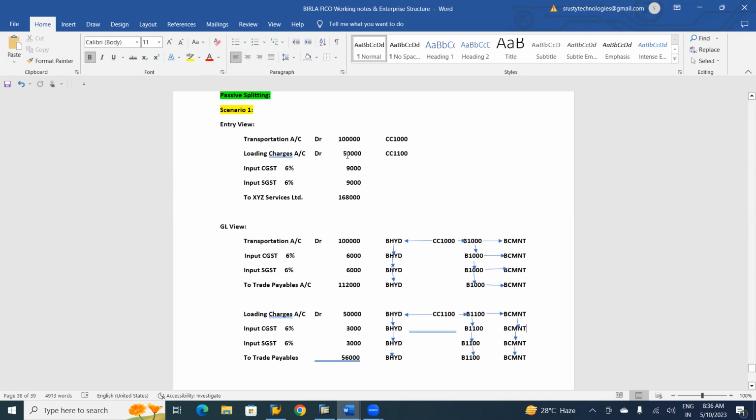We have entered the debit lines and credit lines, and we have entered the debit line cost centers, so the splitting is happening on the base of this. So it's nothing but active splitting. This is nothing but your invoice. So as per the invoice, whatever splitting happens is considered an active splitting. Actual passive splitting, we will see in tomorrow's session.